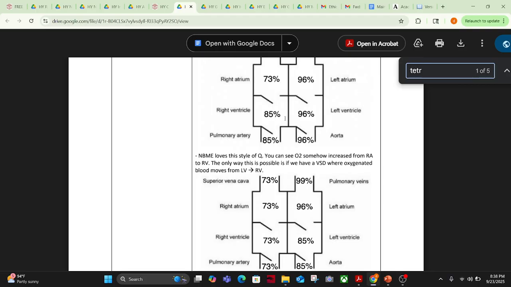And then in Eisenmenger's, the shunt is always going to start off as a left to right shunt, and because it's a left to right shunt, there's going to be increased blood in the lungs, causing pulmonary hypertension.